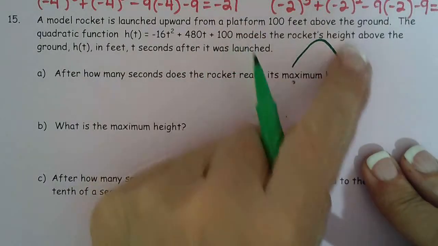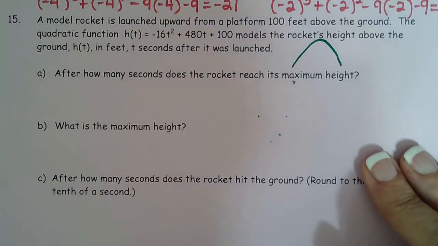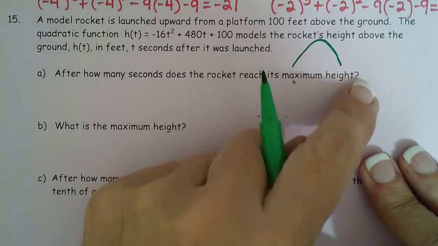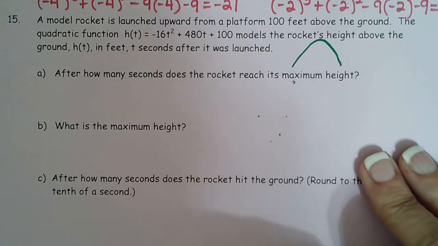So they form parabolas. Their trajectory will be like that. Anything that's thrown upwards because of gravity will have a parabolic trajectory.